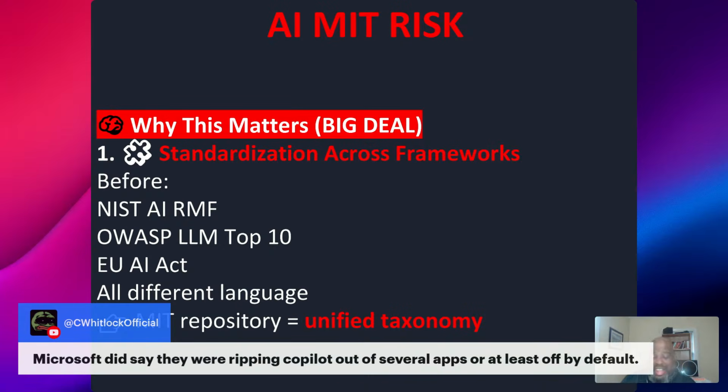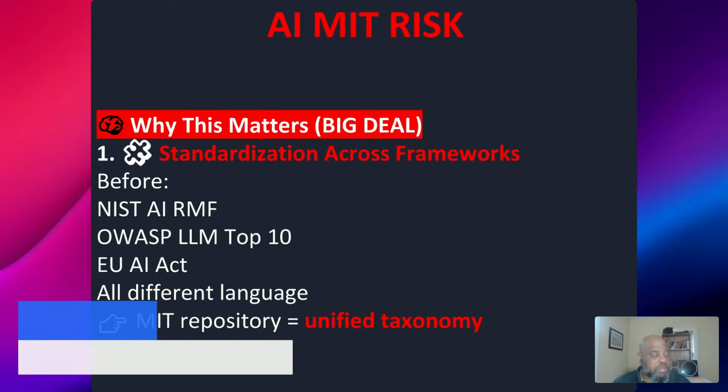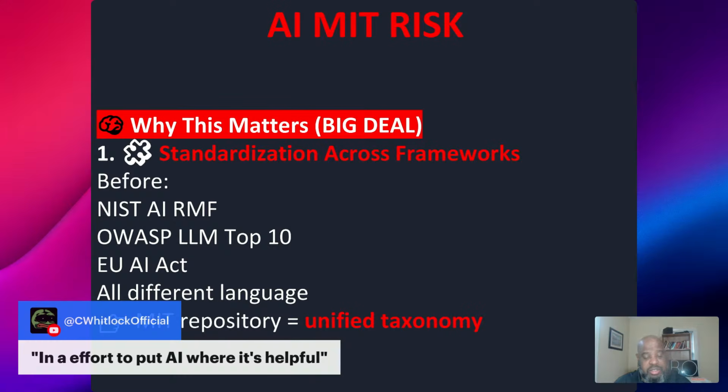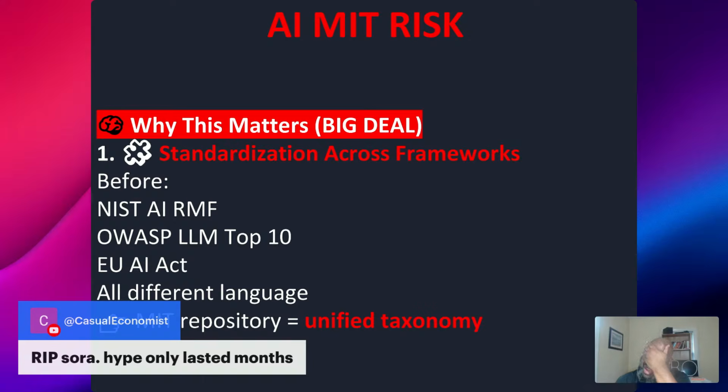So I think that's kind of where the innovation is coming from, and a lot of people are pushing from it. I don't think it's coming from, like you said, the big companies like Microsoft, in an effort to put AI where it's helpful. No, that's true. I think they were just trying to push it, because they spent a lot of money on AI, so they got to try to get some of their investment back.